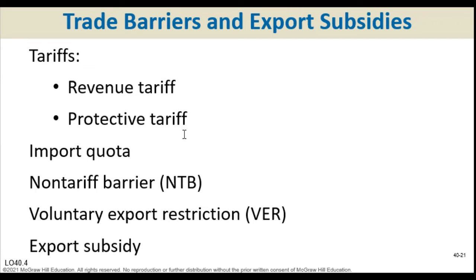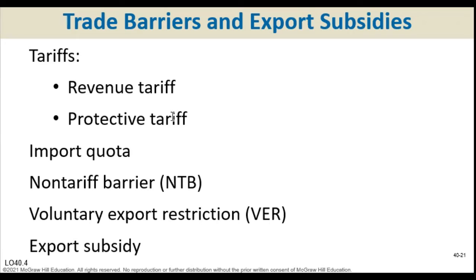So tariff is one of the most common trade barriers. A tariff is what? A tariff is an excise tax on the dollar value or the quantity of an imported good.